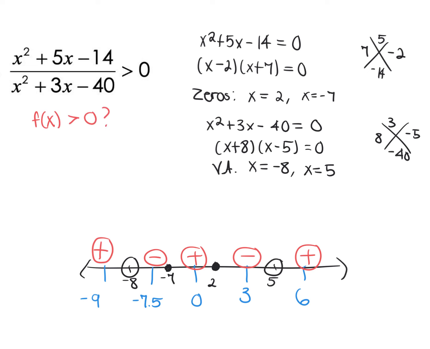That's going to be from negative infinity to negative 8, not including 8, union from negative 7 to 2. But we're not including 2 because we have greater than, and more specifically, not equal to.